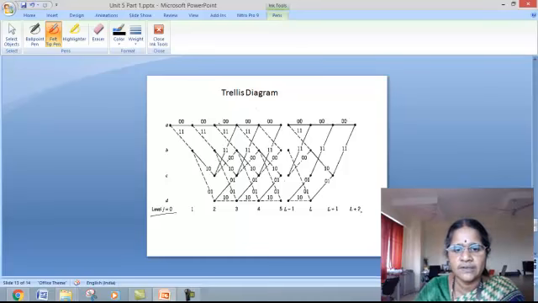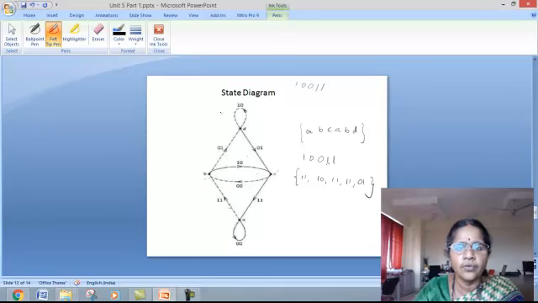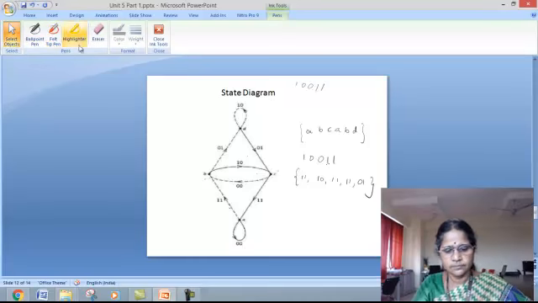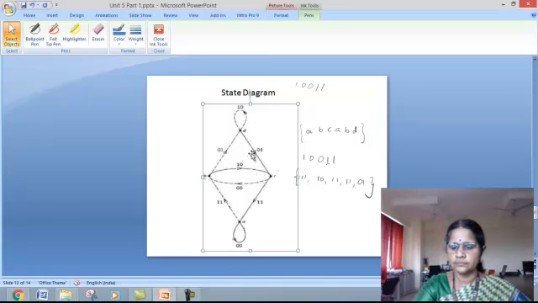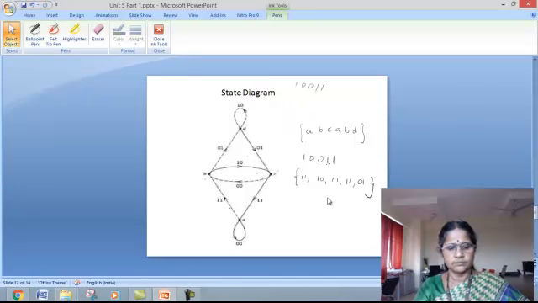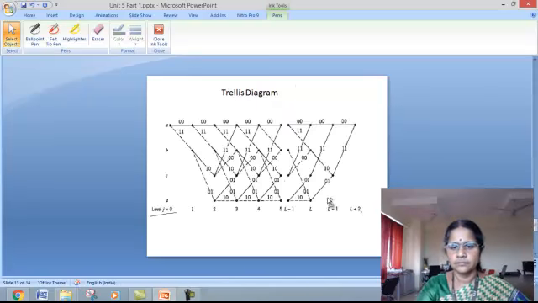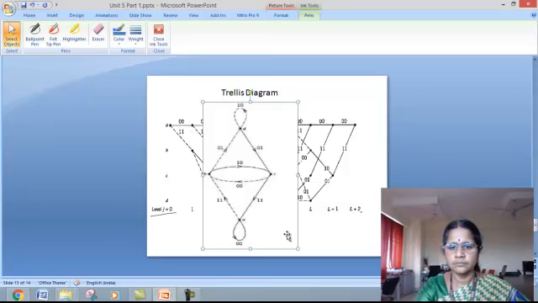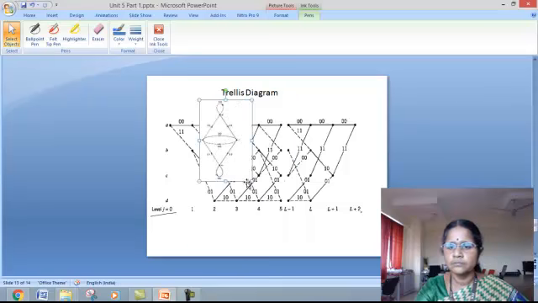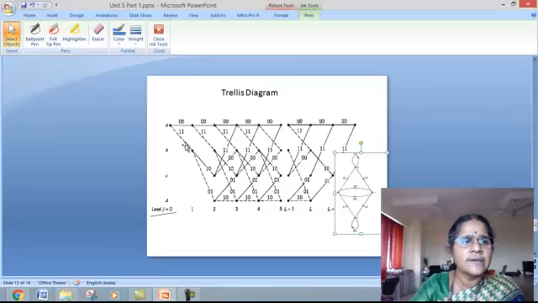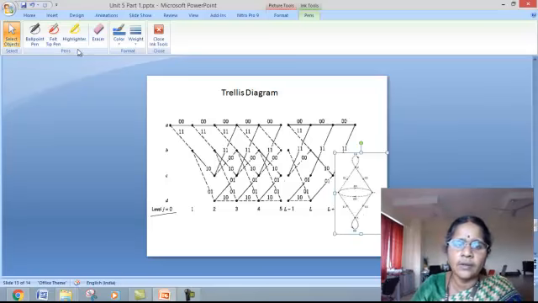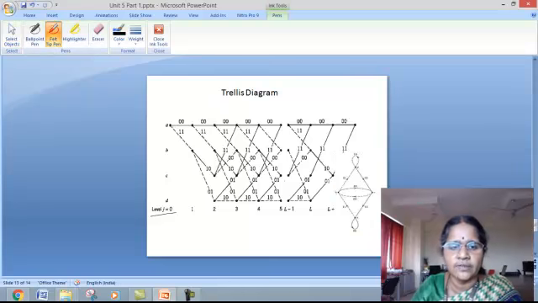Once again, we follow the same state diagram. So let us have this state diagram on the side of it. Now, we are starting with the state A. Always the initial state will be the all zero state.